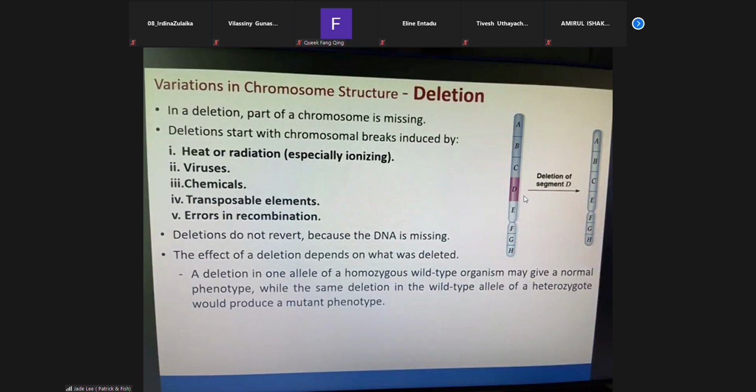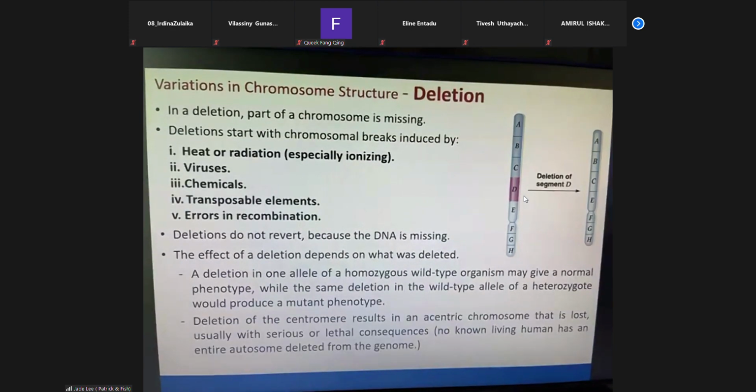Okay. So deletions of the centromeres result in an acentric chromosome that is lost, and usually with a serious or lethal consequence. So no living organism has an entire chromosome deleted from the genome.